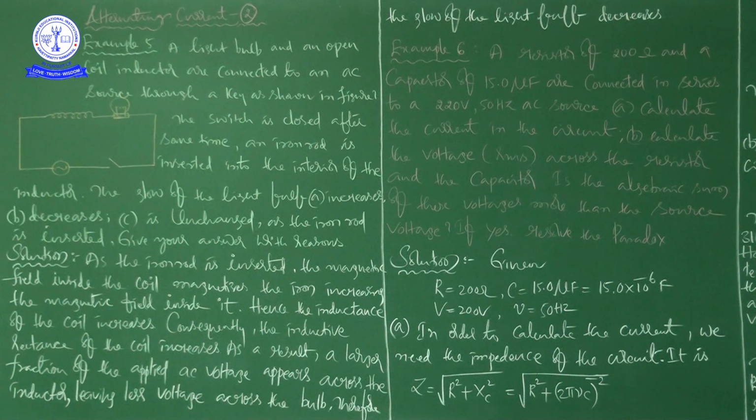A larger fraction of the applied AC voltage appears across the inductor, leaving less voltage across the bulb. Therefore, the glow of the light bulb decreases.